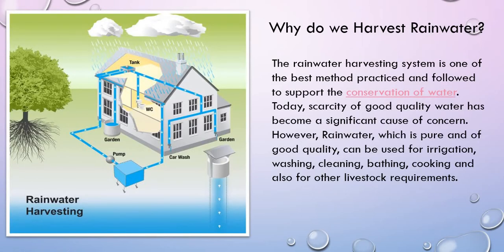So the question here is, why do we have to harvest rainwater? The rainwater harvesting system is one of the best methods practiced and followed to support the conservation of water. For this conservation of water, we adopt this rainwater harvesting system.